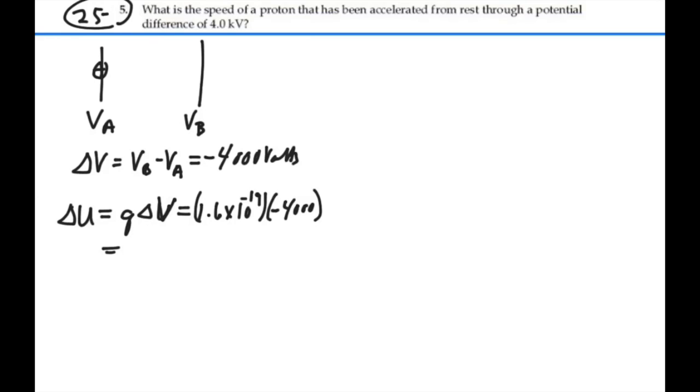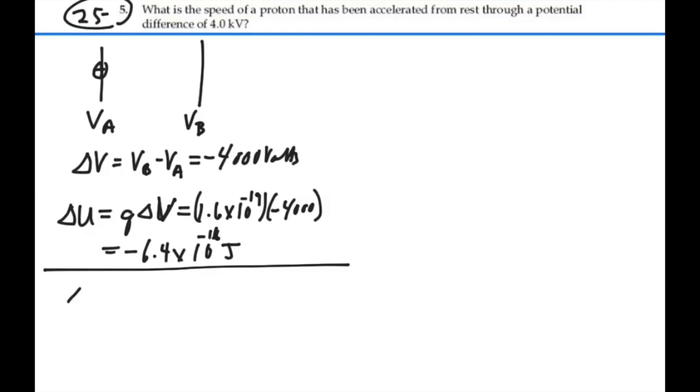So that gives me a negative 6.4 times 10 to the minus 16 joules. That is our change in potential energy.